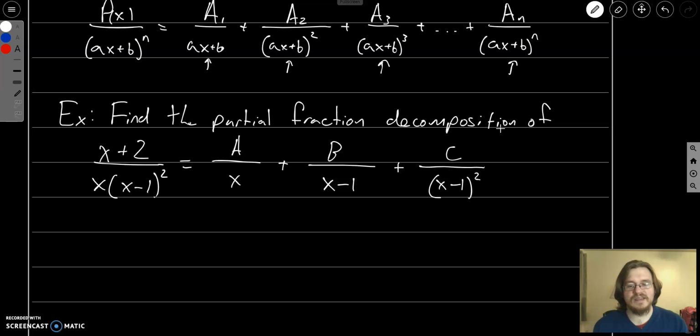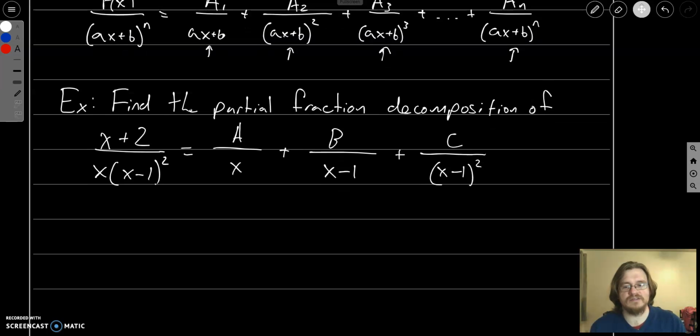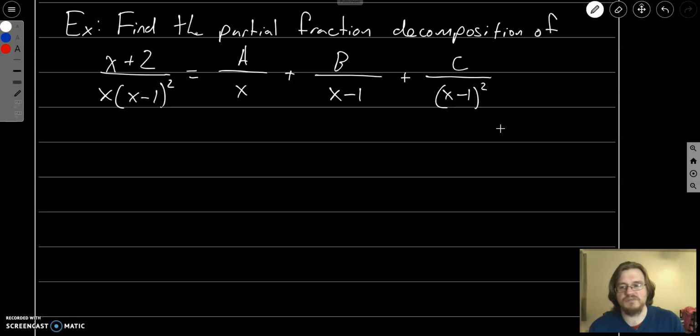So again, the trick here is the same trick that I did in the last video, which is I'm just going to multiply everything by this denominator here, and we will watch everything cancel out. So let's multiply both sides of the equation by x times x minus 1 squared. So this will be quite a bit, so I'll try to fit it in. So x times x minus 1 squared times the fraction on the left-hand side.